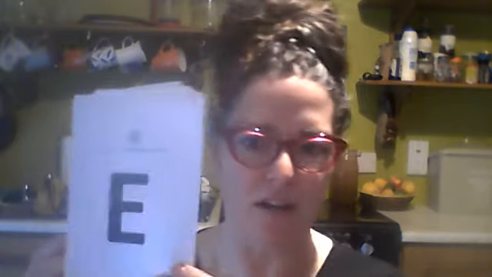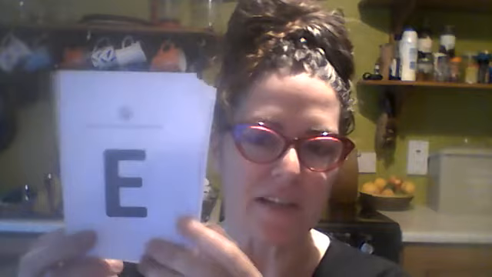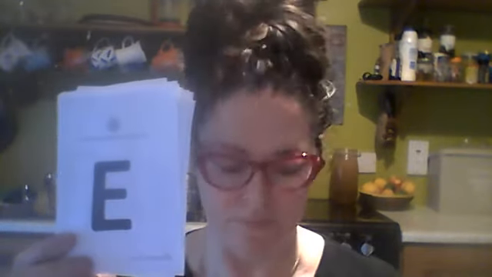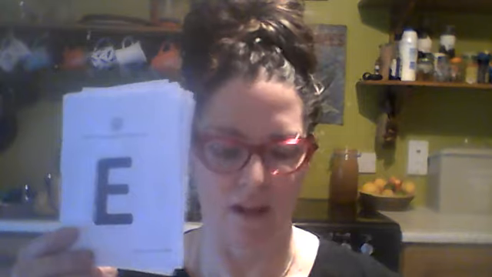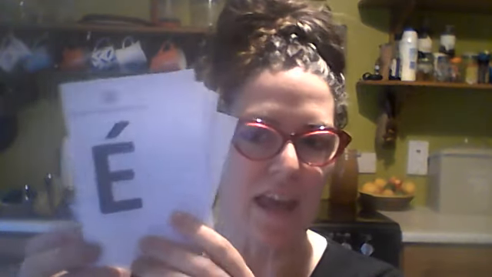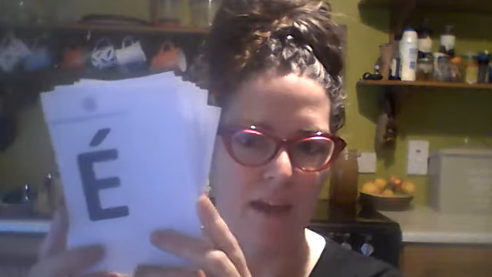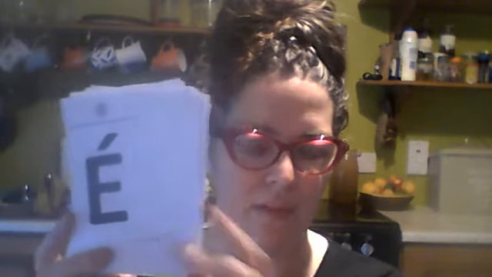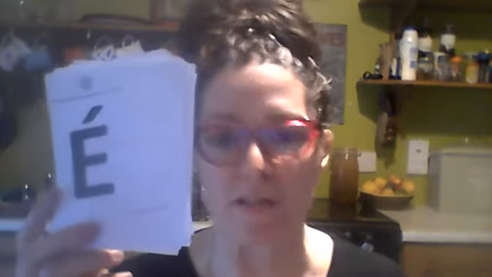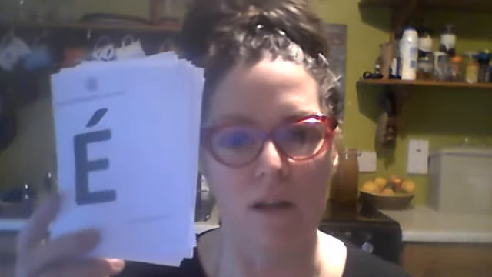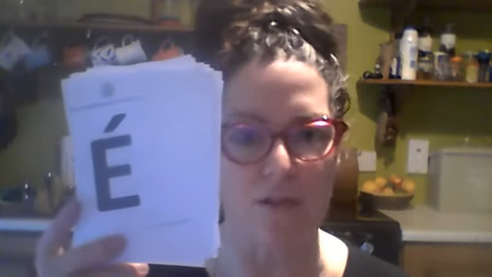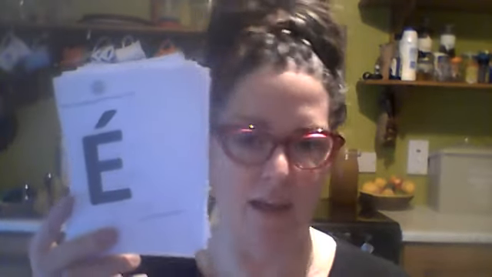Okay, our E. And then we have the E fada, and that's pronounced A. So if you think of a boy's name, Shay, in Irish, that would be S, E fada. That would be the sound of it.